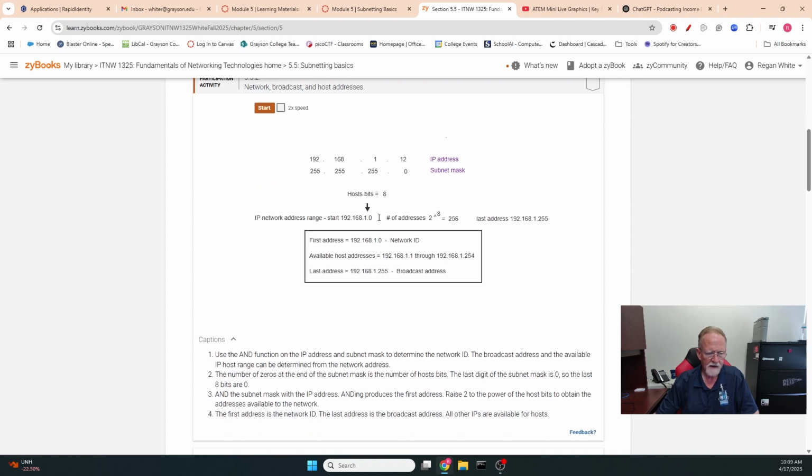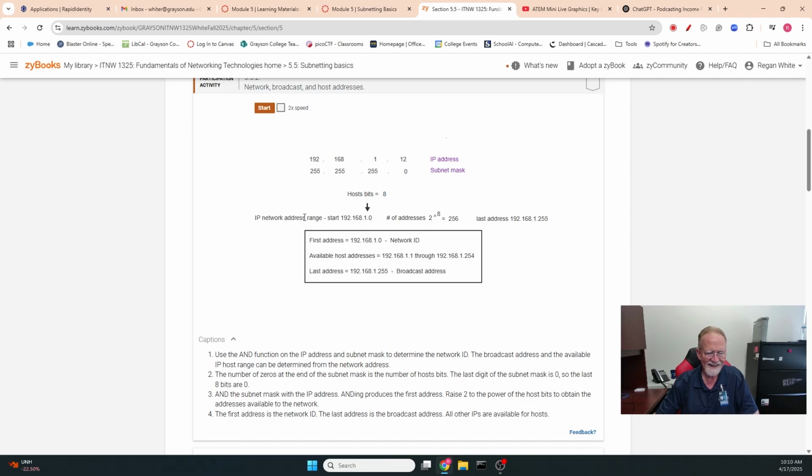Okay, so we're going to borrow some host bits. The host bits are those 8 that are covered in this last octet of the subnet mask. Those are the 8 that are zeros. The 24 are the network bits. Those are 1s. The last 8, those zeros, are the host bits, and there are 8 of them.